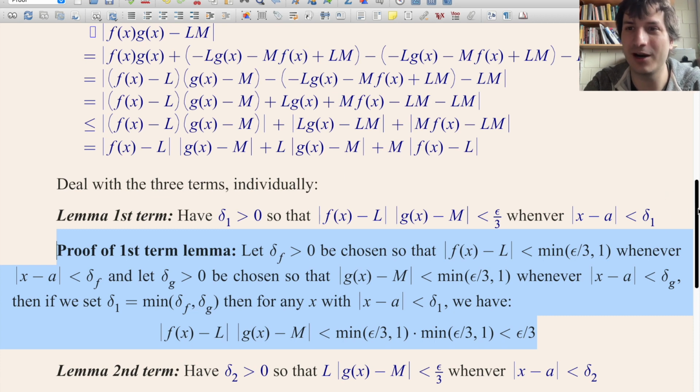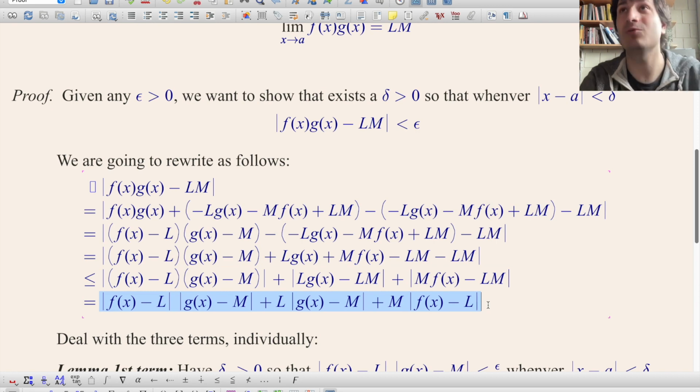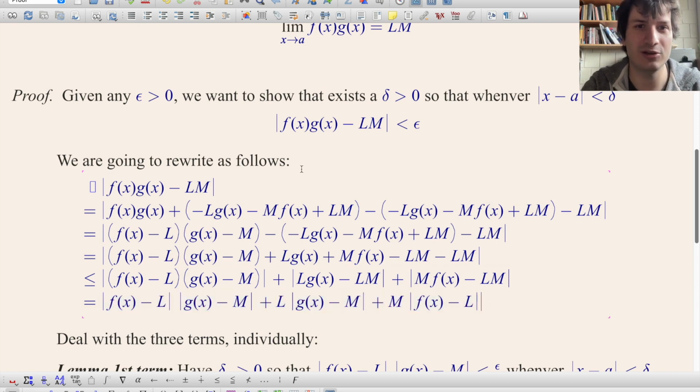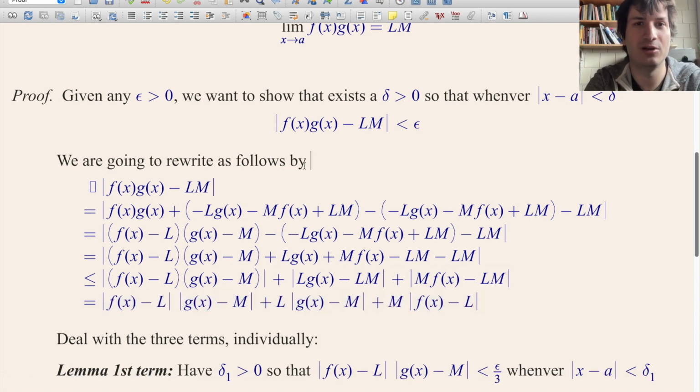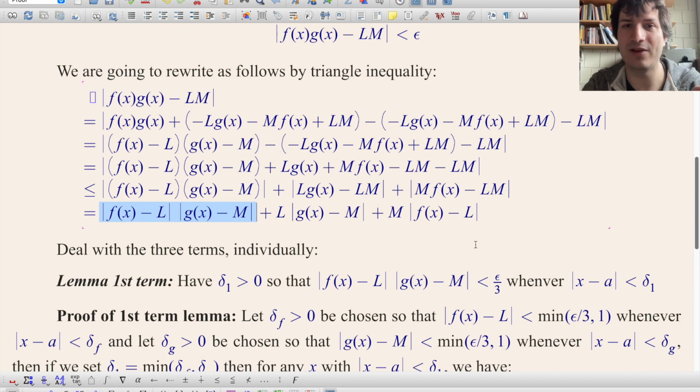Okay, so what have we done so far? We've taken what we want. We've broken it up into 3 pieces with triangle inequality. I should have written triangle inequality somewhere in words. By triangle inequality. And now we deal with the 3 terms individually. We found a delta 1, so that this guy was less than epsilon by 3. We found a delta 2, so this guy was less than epsilon by 3.